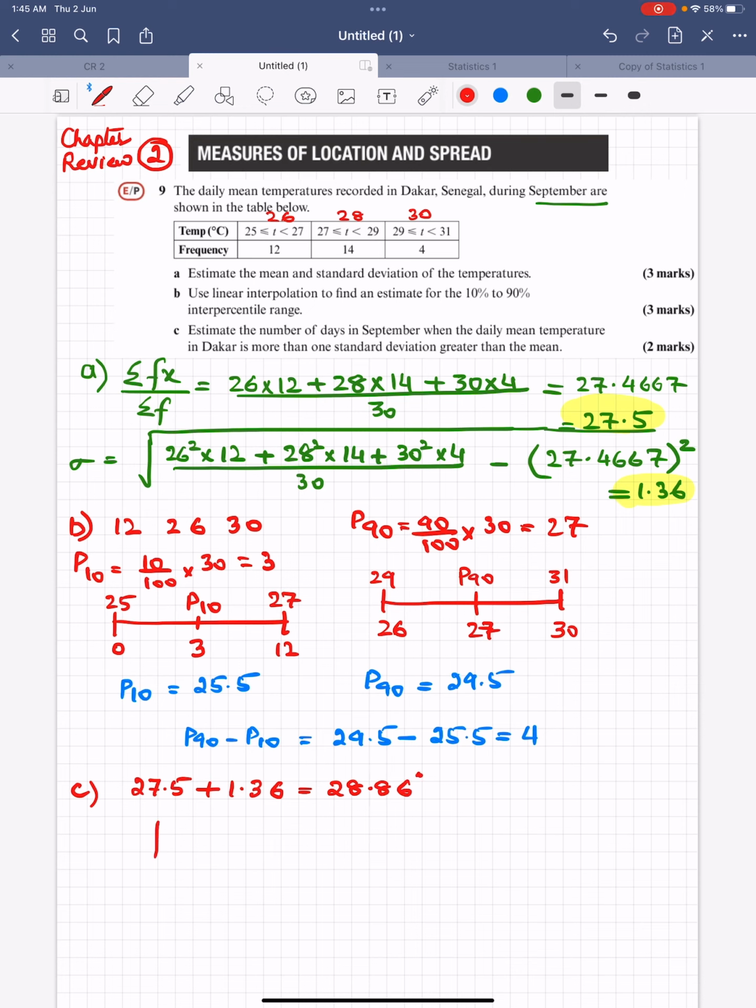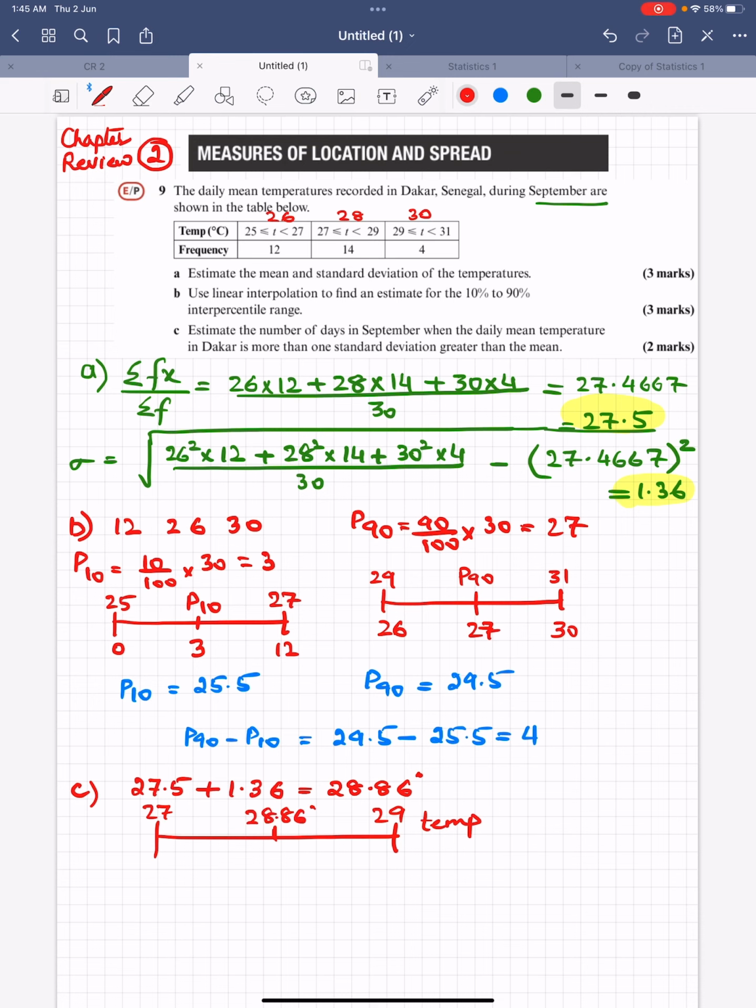So we will do interpolation. The class interval is on top, which is temperature. So 28.86 degrees will be in the second class interval, 27 to 29. So 27 to 29, and there is 28.86 degrees.